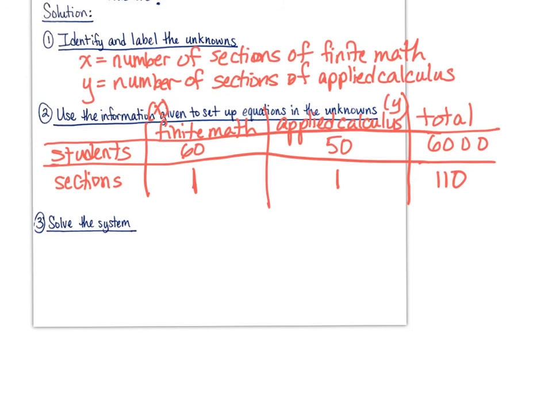So 60X plus 50Y equals 6,000. What's the next equation? Good. X plus Y equals 110. Very good.